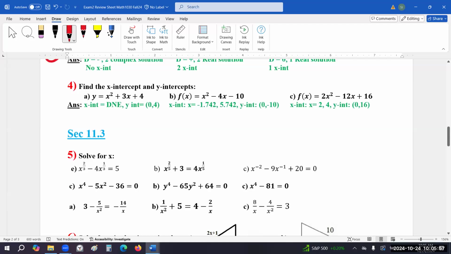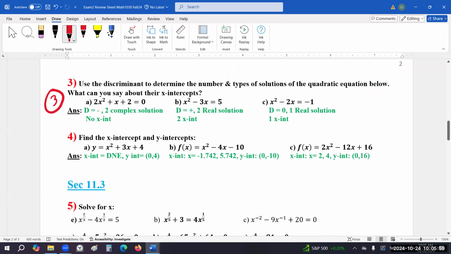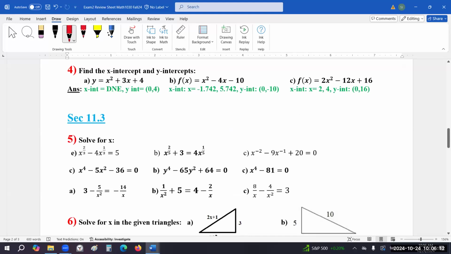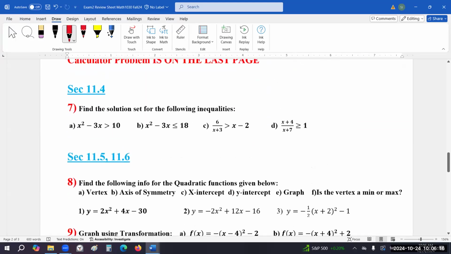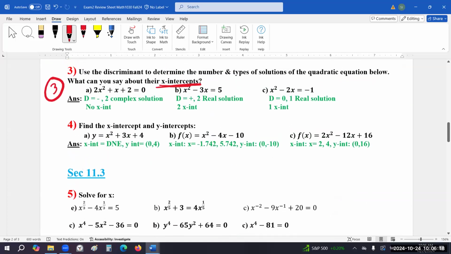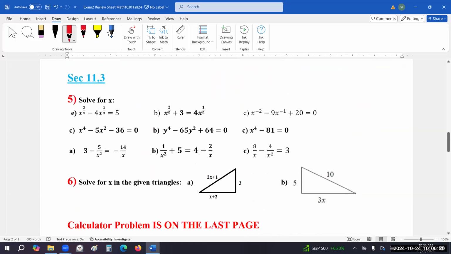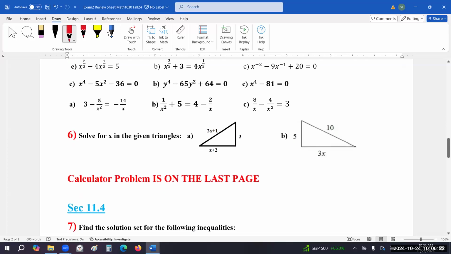X-intercept, Y-intercept. So how many solutions you have and how about X-intercepts? Question 4 will be inside question 8. So 4 and 8, I'll combine them. One question from 4 and 8 combined.